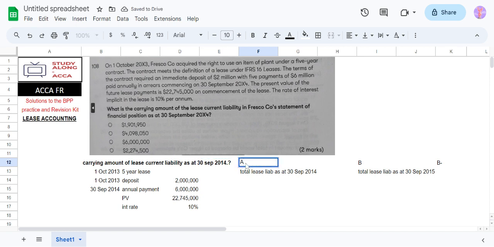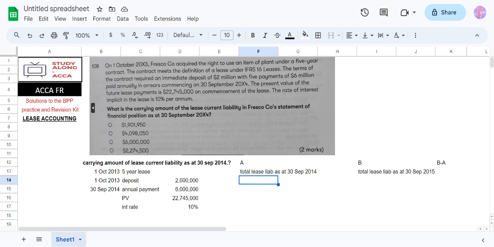It should be B minus A, okay? Because the lease liability on the last day of the next year minus the lease liability on the last day of the current year, the difference between these two is the amount that the lessee would pay within 12 months, and that liability should go as current, and the liability that relates beyond 12 months should go to the non-current.